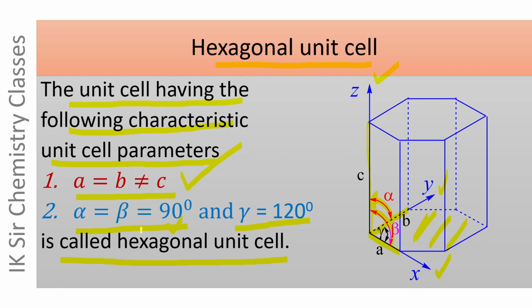Thus alpha is equal to beta is equal to 90 degree, and gamma, that is the angle between x and y axis, will be equal to 120 degree. It is a regular hexagon whose internal angles are all equal to 120 degree. Thus, the unit cell having these characteristic parameters is called a hexagonal unit cell.